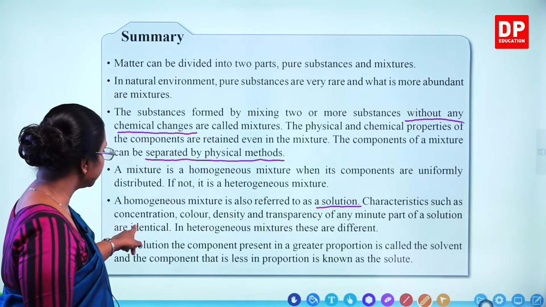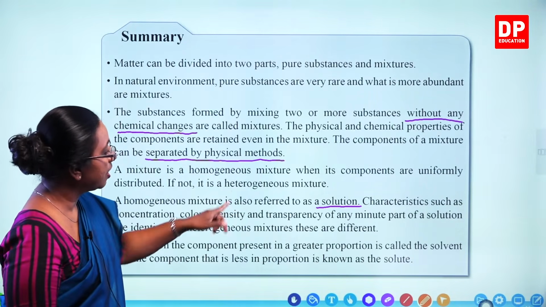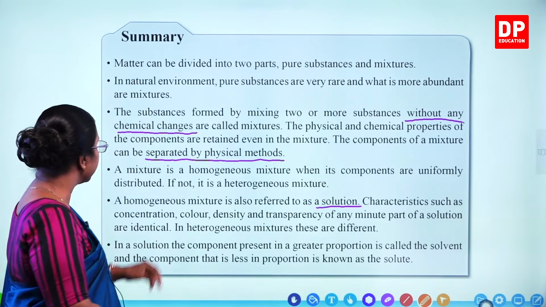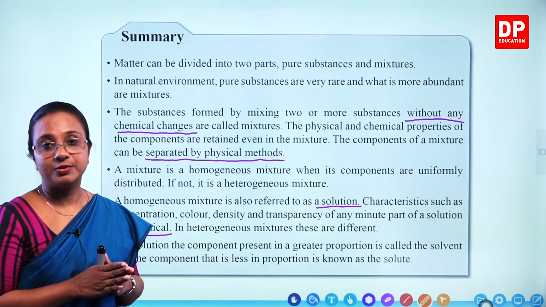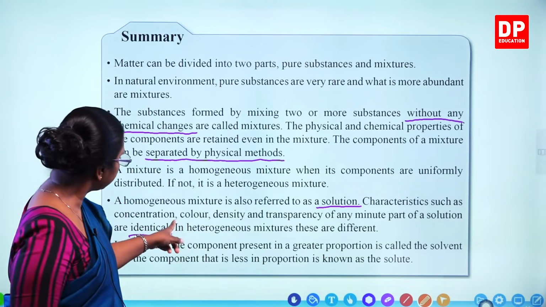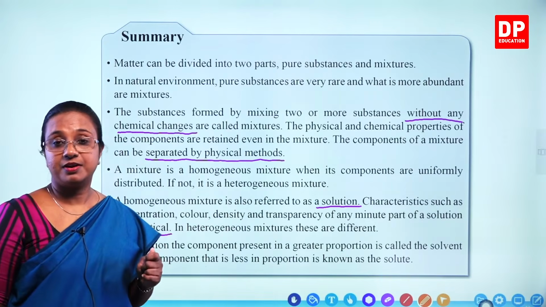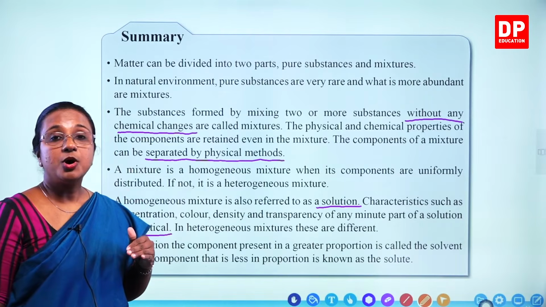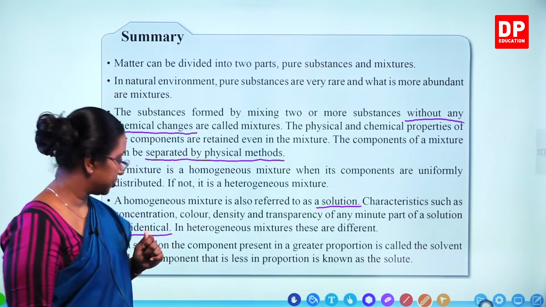Characteristics such as concentration, color, density and transparency of any minute part of a solution are identical. That is the important thing. It has to be identical throughout the solution. In heterogeneous mixtures, these are different, not identical. The composition at the bottom will be different from the composition at the top of the mixture.